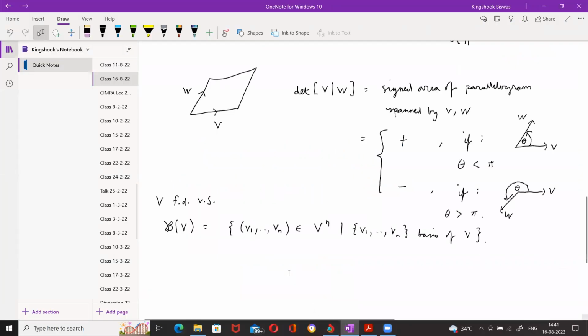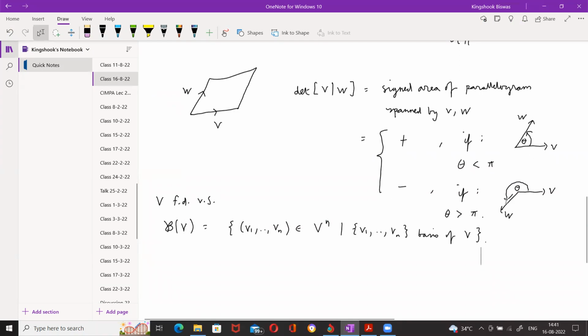Right. So what I was saying is, in R2, we have these two cases where the determinant is positive and negative, right? This corresponds to two different types of ordered bases, right? Either the angle is less than pi, or the anti-clockwise angle between them is bigger than pi.